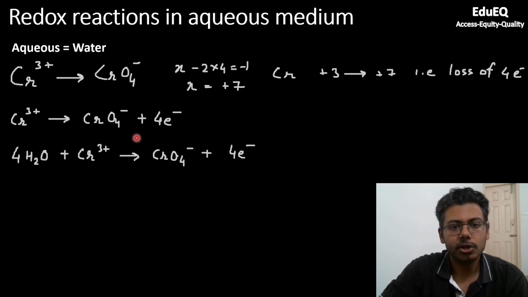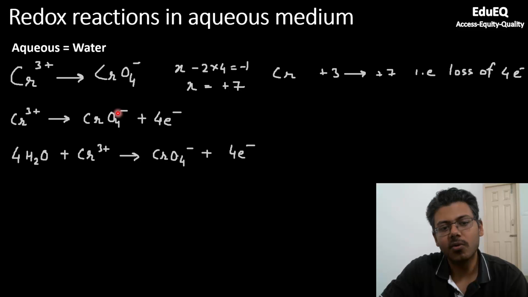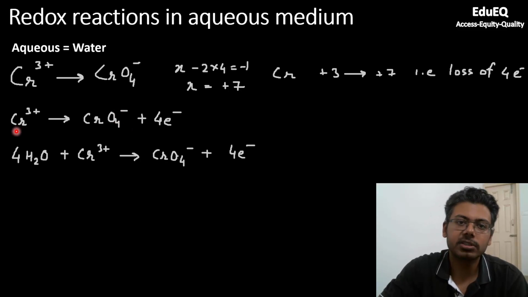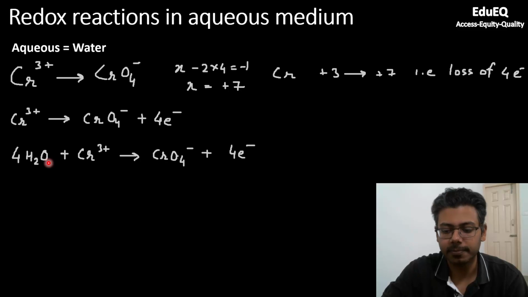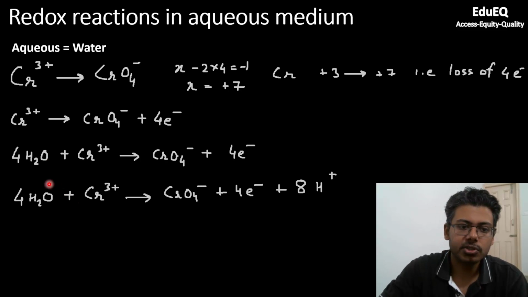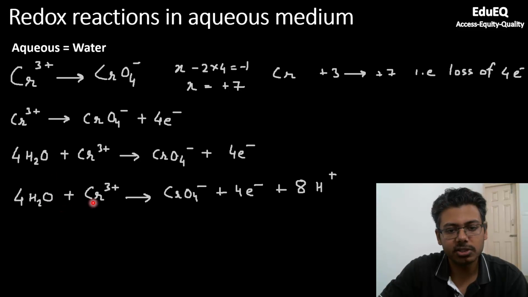Second step is you balance oxygen using water. So you have 4 oxygen on the right hand side. You don't have any oxygen on the reactant side or the left hand side. You simply add 4 water molecules, because now you have 4 oxygen. Next step is you balance hydrogen using H plus ions. So you have balanced chromium, you have balanced oxygen.